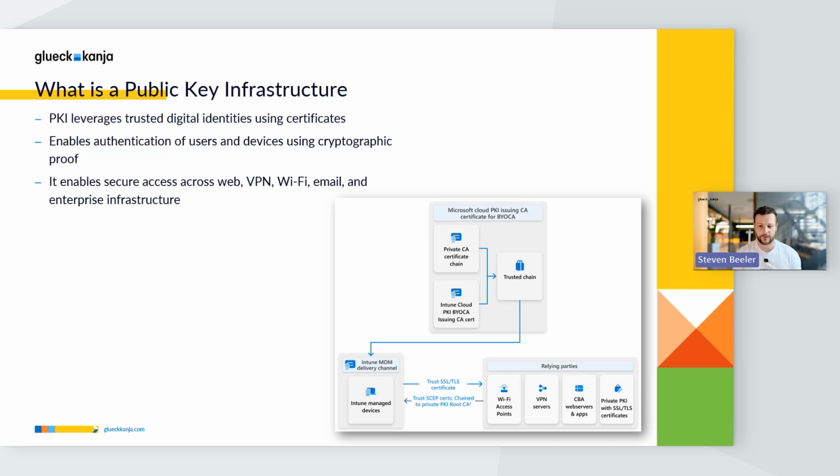And how this works is a certificate contains information. It has a private key, a public key, and a signature. And the signature is created using the private key and the information in the certificate. And then you can use the public key to verify or validate the signature. So only the owner of the private key can create a signature, but everyone can use the public key to validate if the certificate is true.